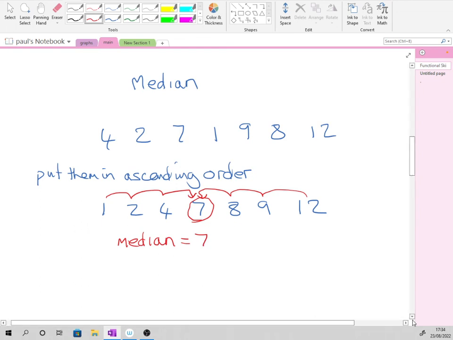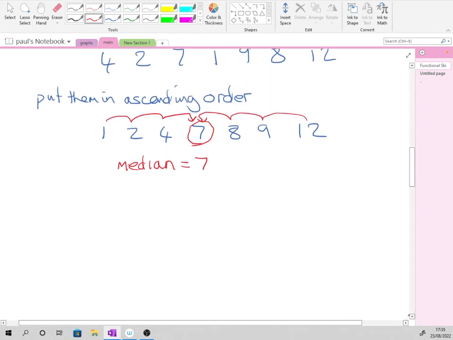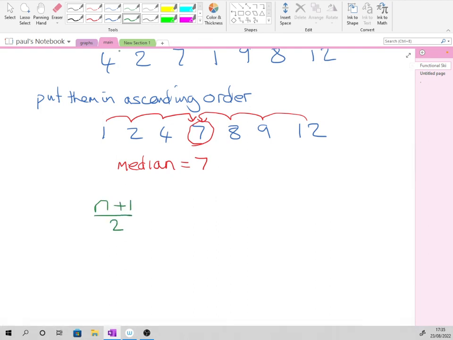Now there is also another way to do this if we have larger numbers, and we'll come on to this later. We'll actually use this, but we may as well learn it now, is to use n plus 1 divided by 2. Something to remember. Remember this. Along with everything else I've said, remember this.